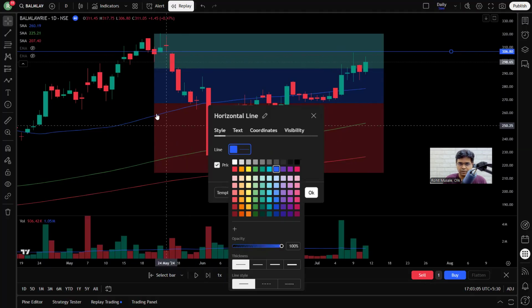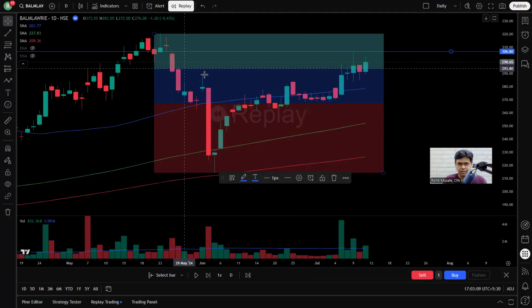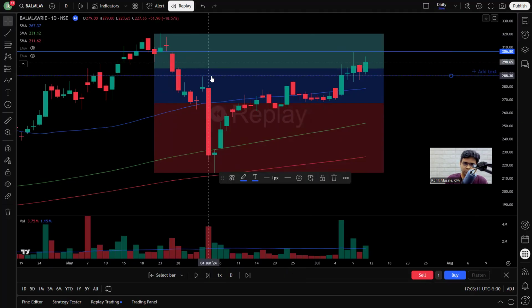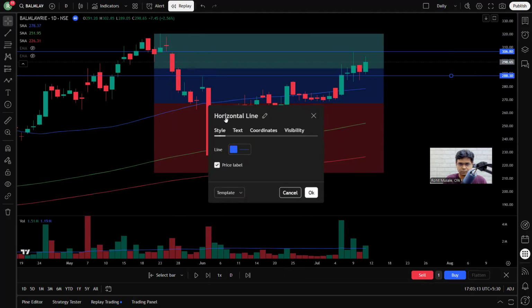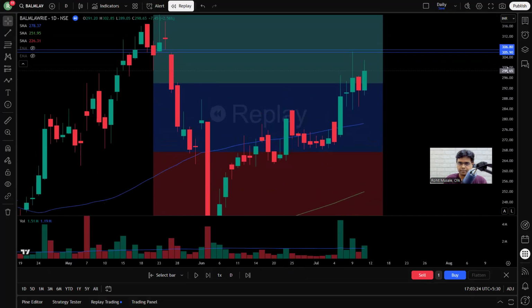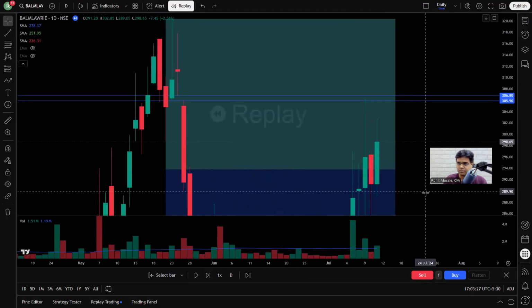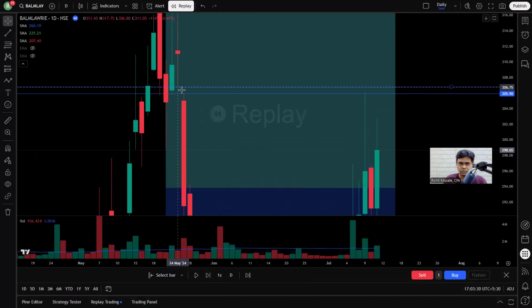It's called a window. Strictly, it's not called a gap. Then 305.90. You see that gap? Now you will see this. You see there is a gap there.